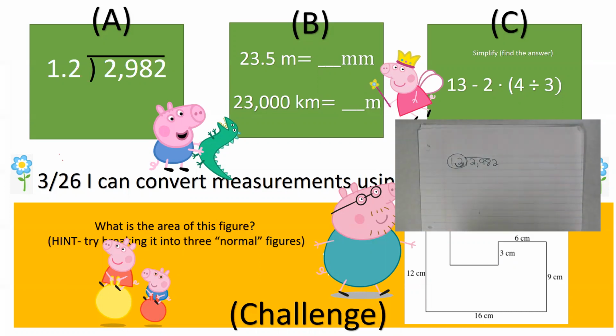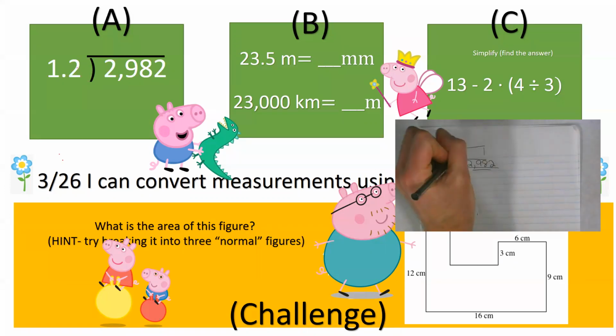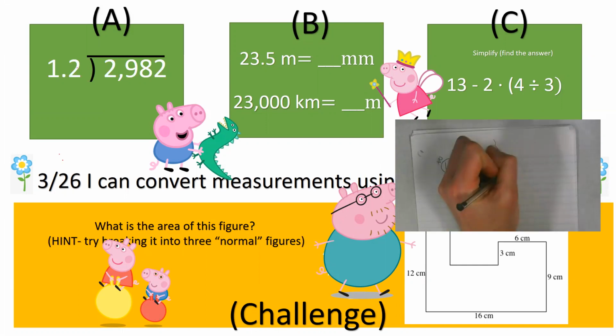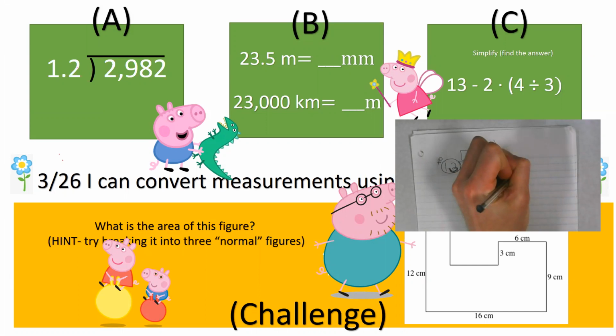Your brain does not have to understand this part, but what you're doing is multiplying it by 10. As long as you do the exact same thing on the inside, then this will stay the same. So basically what you need to know is we're turning this into a new problem. Instead of it being 1.2, we're going to have 12.